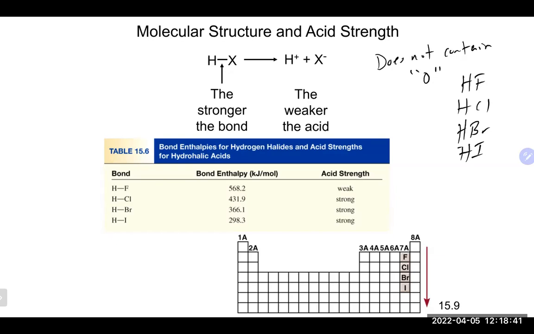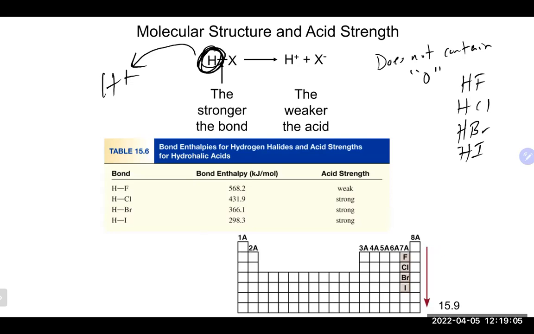The idea here is that what makes something an acid is the ability to release that H plus, which means we need to get this H off of that bond so it can be released. So in this type of acid, the overwhelming thing that we look at is actually bond enthalpy or bond strength.